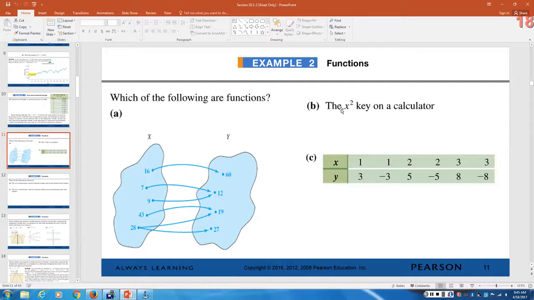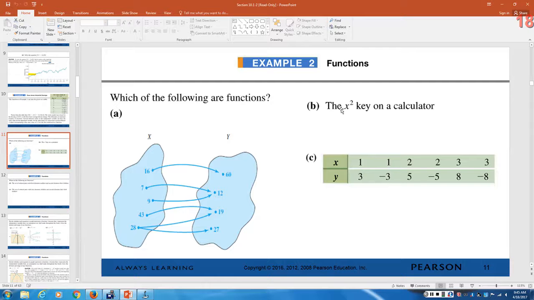Now, it can't be anything else, right? What's the square of -5? 25. Okay? Now, -5 squared is 25 and +5 squared is 25. That's okay. That's two different inputs that you square.